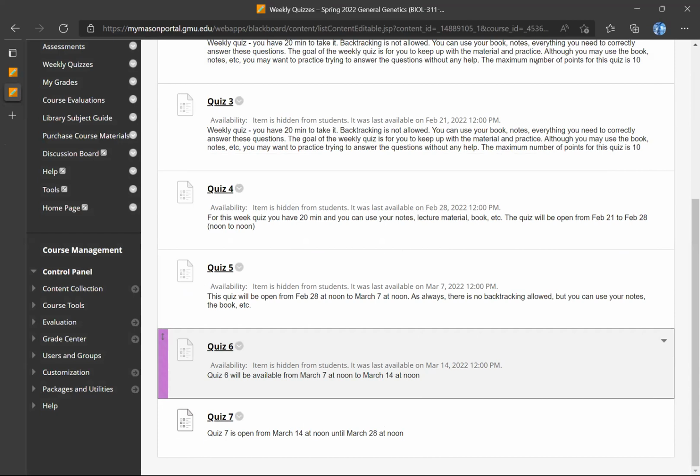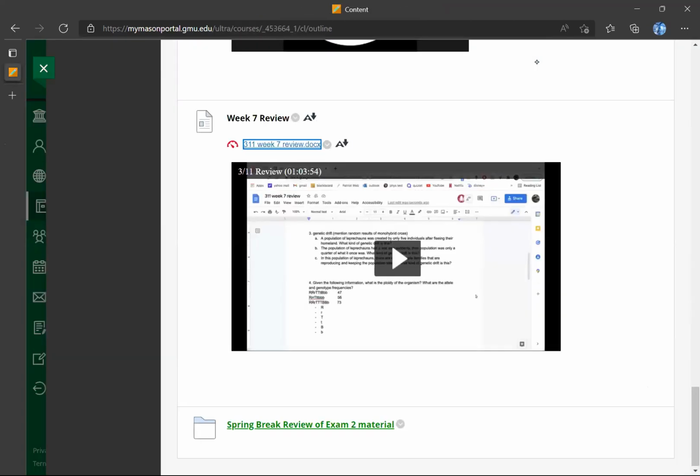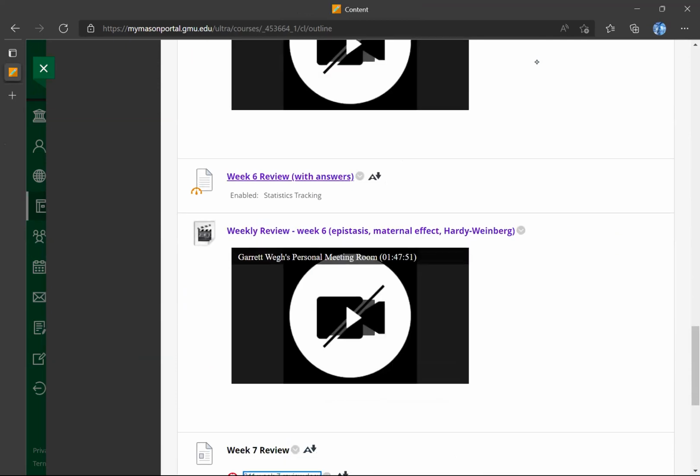Are there recombination questions? There will be some recombination questions. We did go over very lightly what recombination is, recombination versus parental genotypes, but we didn't go too much further into depth than that.